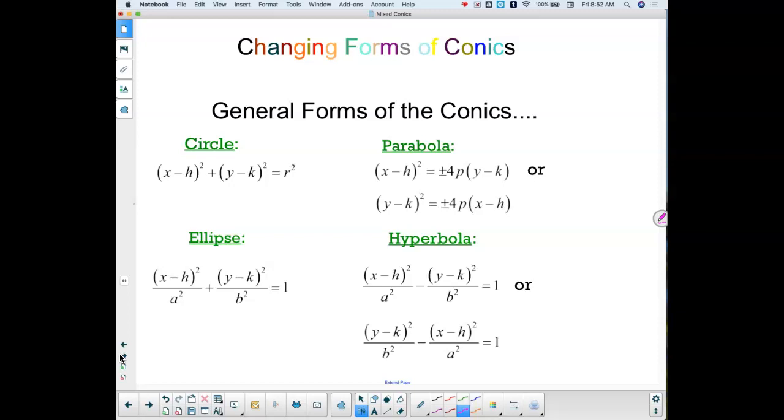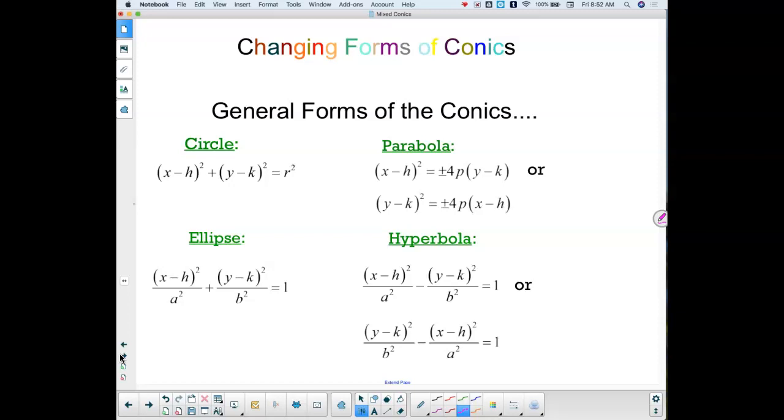Now, what we're going to do today is totally tweak the presentation of the conic. So far, all of the conics have been given to you in the general form.